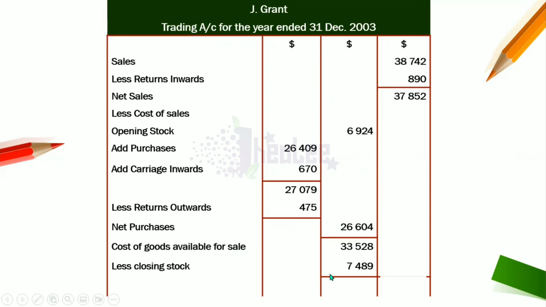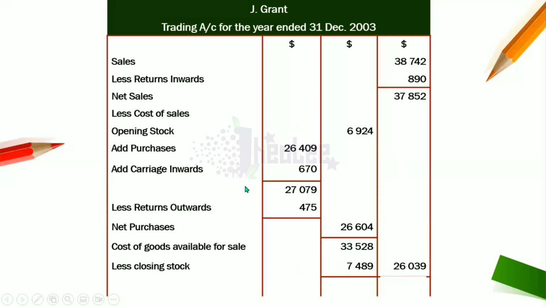Now, based on our previous information given, once you subtract your closing stock from the cost of goods available for sale, having added your net purchases to your opening stock, it means that you have now successfully calculated your cost of sales. And your cost of sales figure is $26,039.